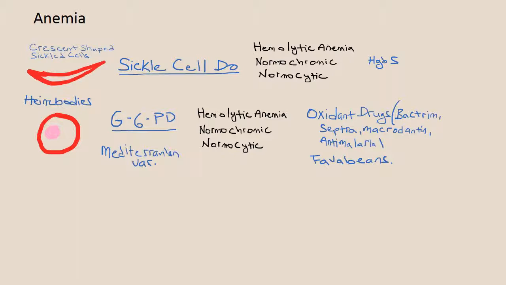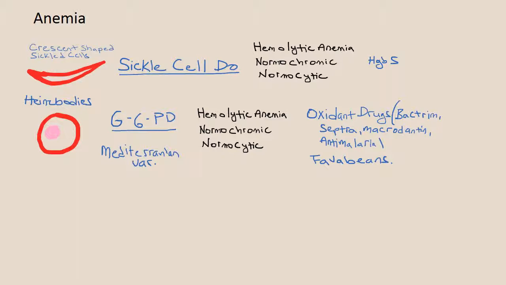All cells are exposed to oxidation, and the only way that red blood cells have to protect themselves is through G6PD, or glucose-6-phosphate dehydrogenase. When this becomes abnormal, the cells become more fragile, and they don't live as long because they're not able to protect themselves from oxidation.